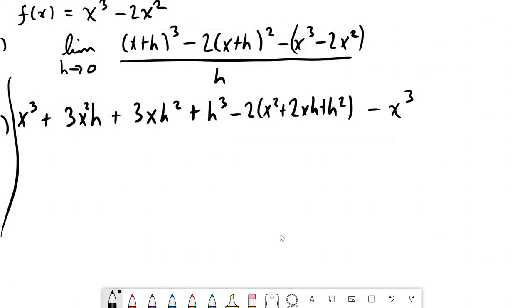I'm just going to distribute the minus sign out. This is kind of the side work that we need to show. We need to show that we have to expand the cubed term and the squared term and everything else. So I'm just going to continue this line. This is side work, not really a part of this yet. I'm just going to keep simplifying this further and see what we can get.